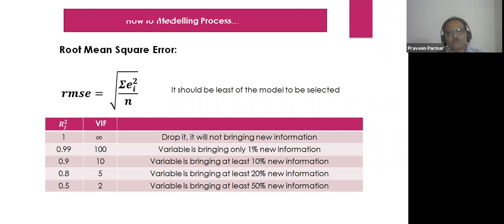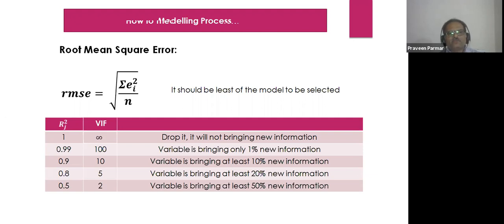Now I will explain what the VIF is. If your R square, which is the ratio of SSE over SST, is 1, then the VIF would be infinite. VIF is 1 over 1 minus Rj square. So drop it, it will not bring new information. If your Rj square is 0.99, then VIF would be 100, and the variable is bringing only 1% new information.